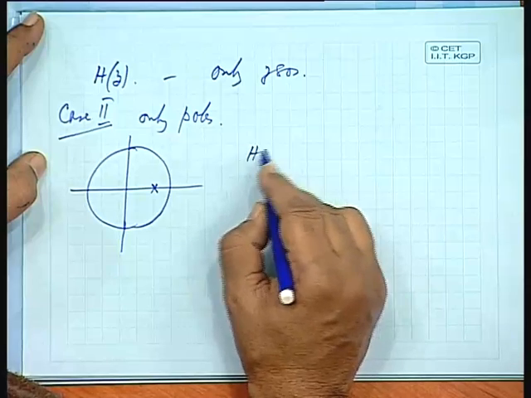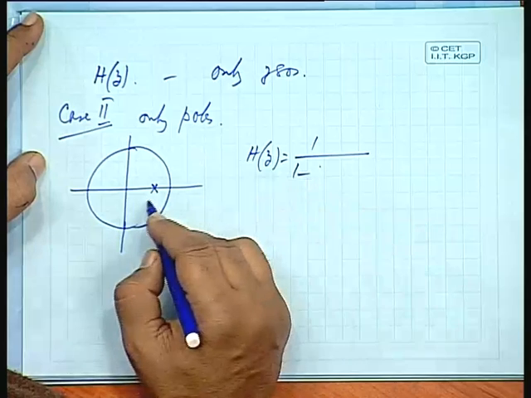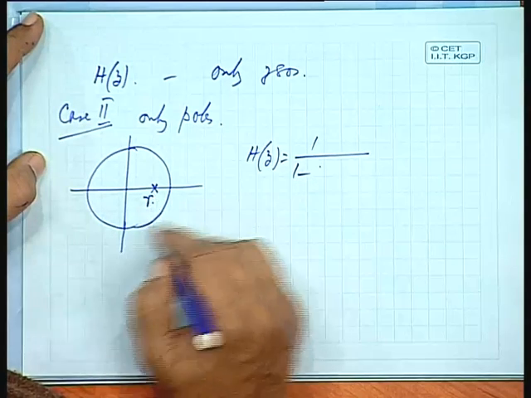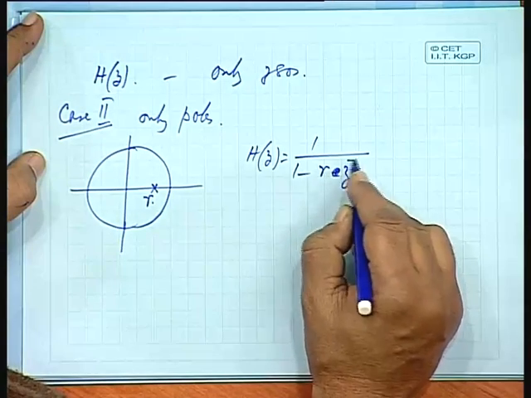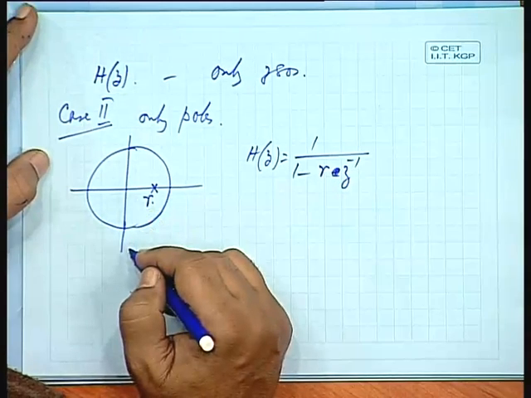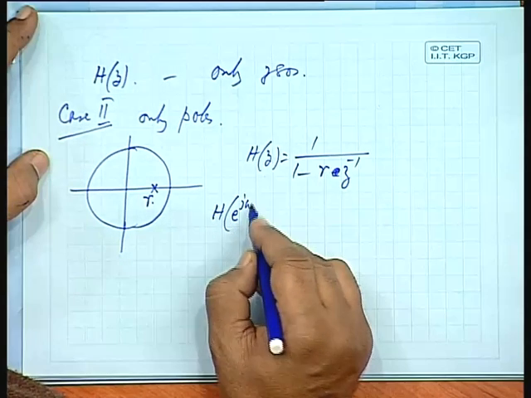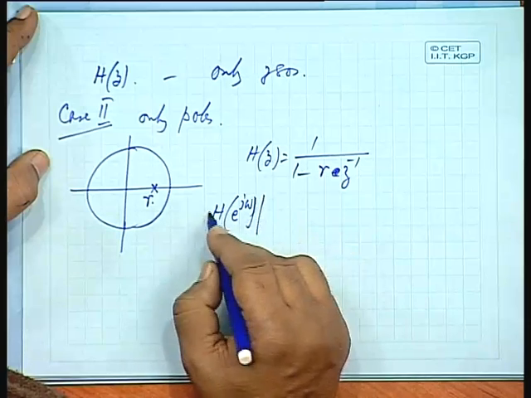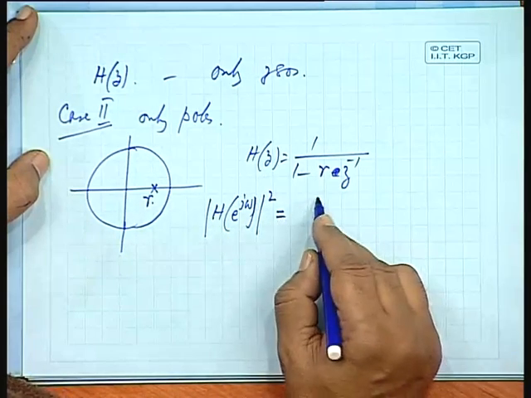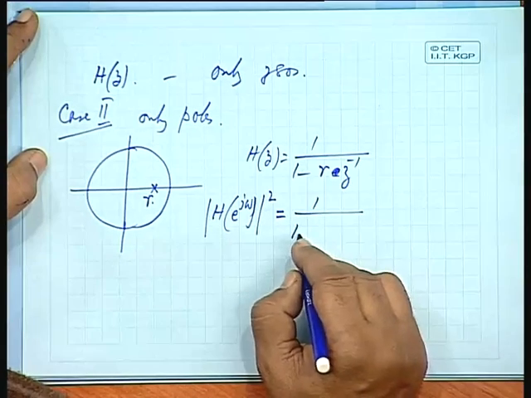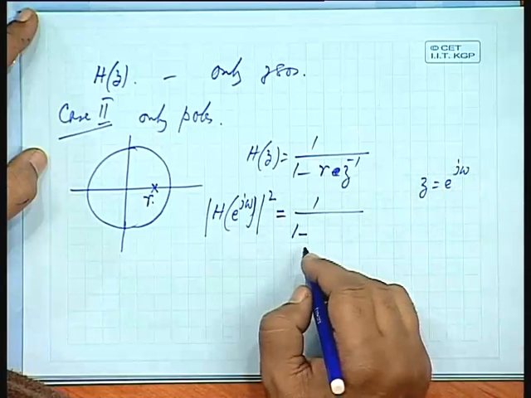So, H(z) is appearing as 1 minus, I will call it r again, r z inverse, r is less than 1. Then |H(e^{jω})| squared, once again you can break it up, z is equal to e to the power jω.